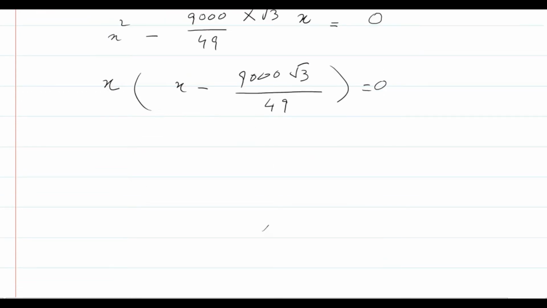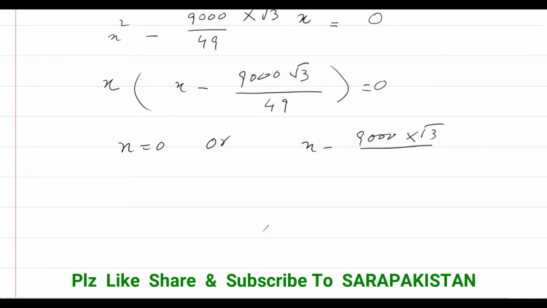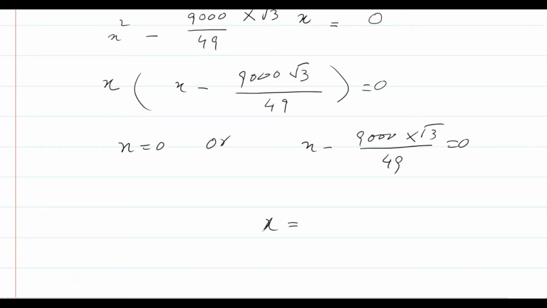Now either x is equal to 0 or x minus 9000 times under root 3 over 49 equal to 0, and this will give x is equal to 9000 times under root 3 over 49.